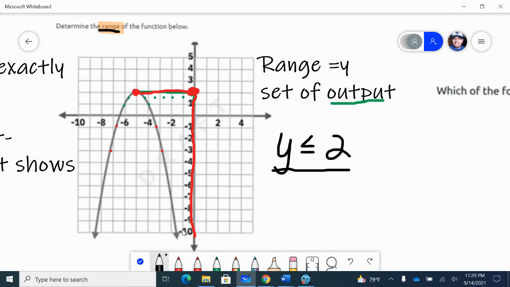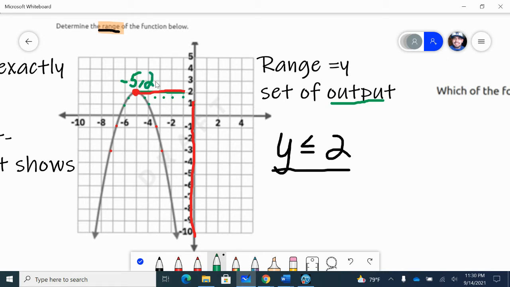Notice how this one had it at -10. Anything is being used, but something special happens here. This is the maximum point that is utilized. What is the y at this point? It is 2. If it makes you feel any better, label this point: negative 5, comma 2.